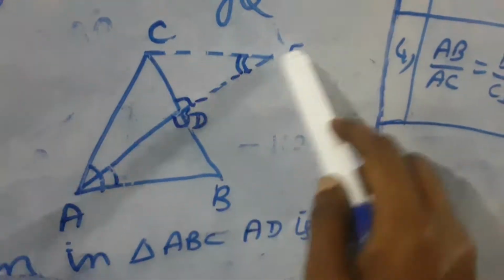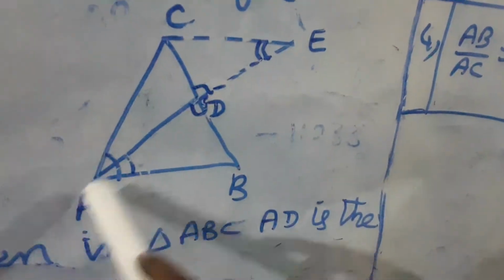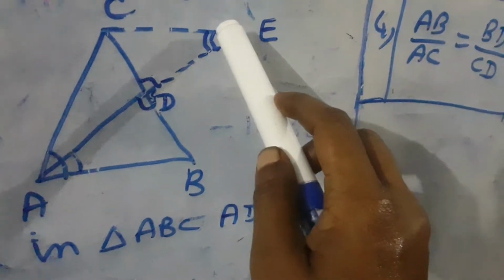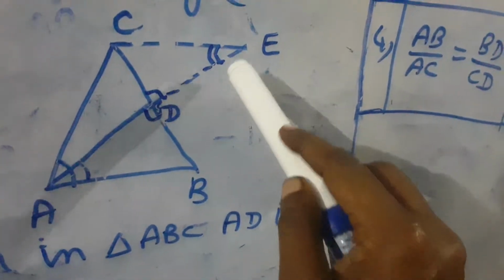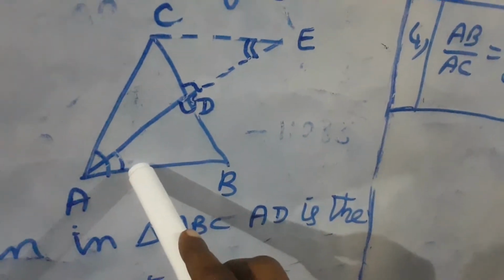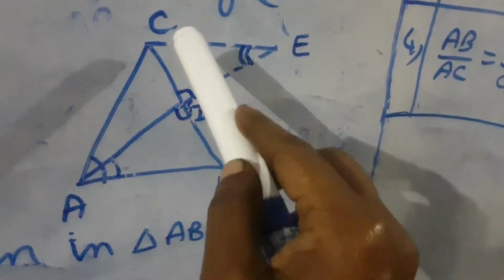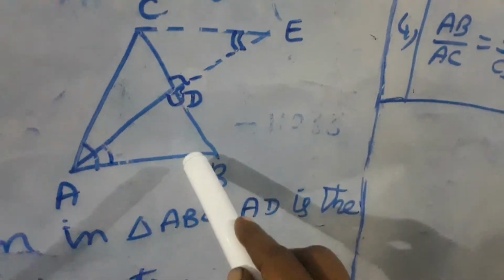Now the two parallel lines are cut by a transversal. Therefore, they make alternate angles equal. That is, this angle is equal to this angle. Therefore, the angle CED is equal to DAB.